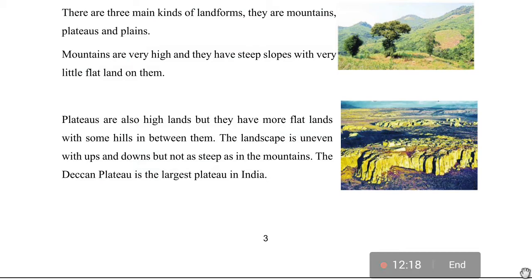Plateaus have more flat land with some hills in between. In mountains we can see very high lands, while in plateaus we can see hill regions. The landscape is uneven, not in even shapes.